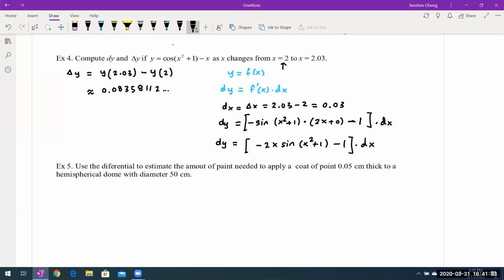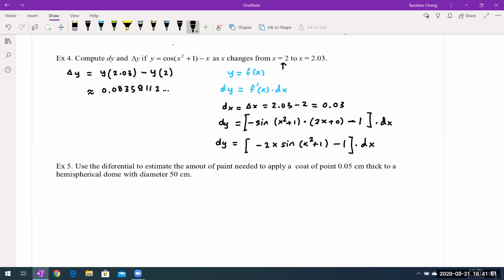And what are we evaluating? We are evaluating at 2, right? The differential at 2 with the delta x, dx, being 0.03.